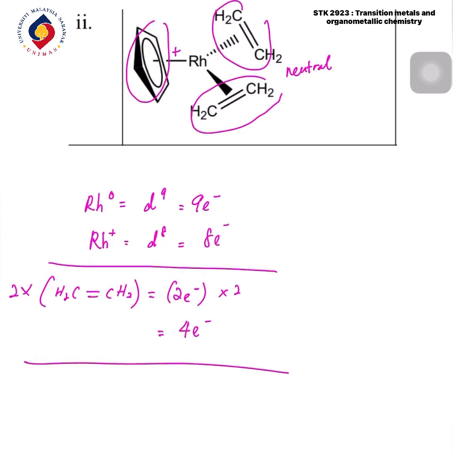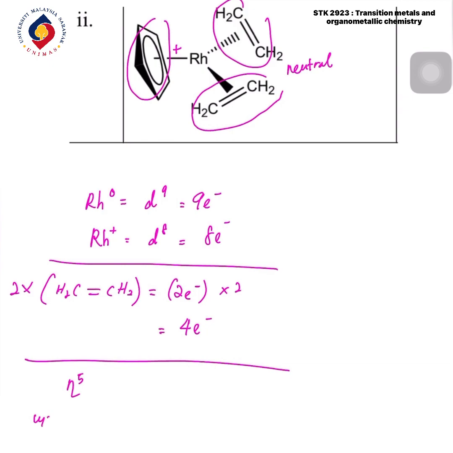Next, this compound is allyl. Cyclopentadiene, which is equal to 6 electrons.